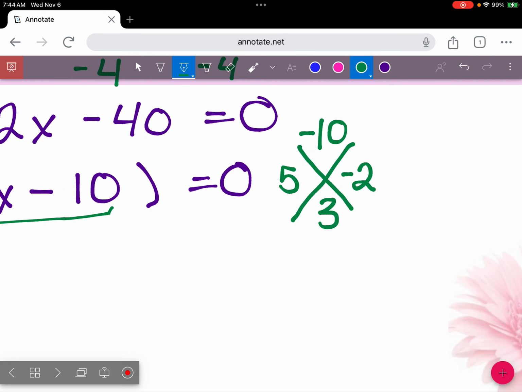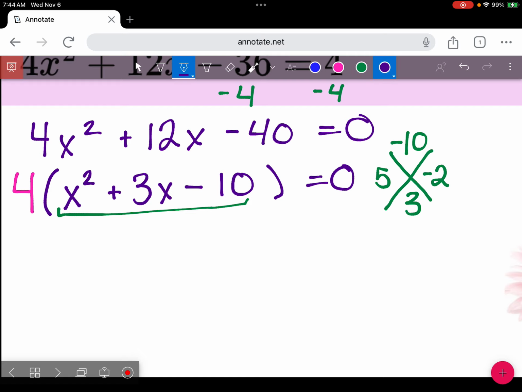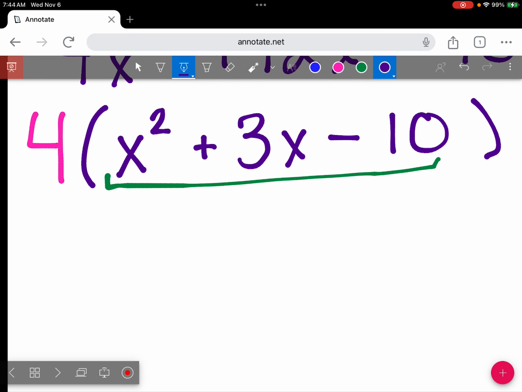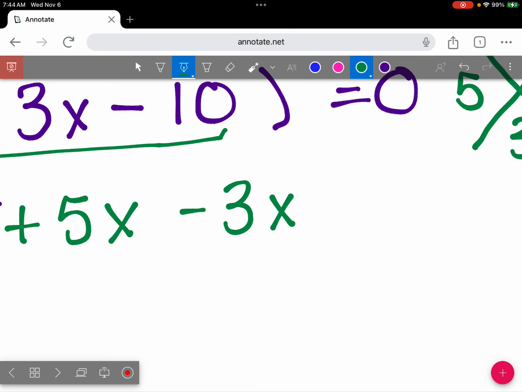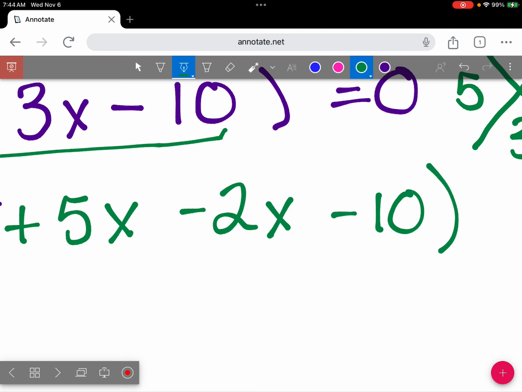So again, if you like the box all the way, more power to you, rock on. I'm going to do this one factoring by grouping style. So our 4 is still going to hang out in front. He's just chilling. And then in here, I'm going to have my x squared plus 5x minus 2x.